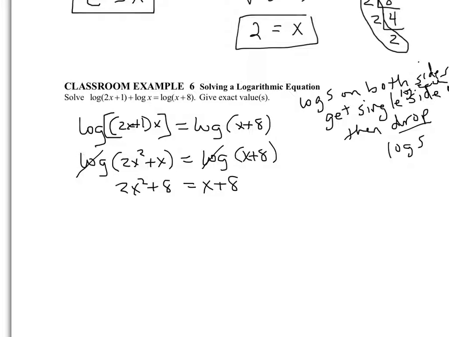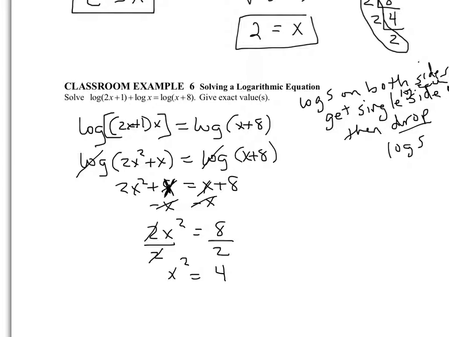Let's correct what I did on the left. That's supposed to be 2x squared plus x is equal to x plus 8 on the right. So let's subtract x from each side. And I have 2x squared equals 8. And to isolate the x term, I will need to divide each side by 2. That means x squared equals 4.